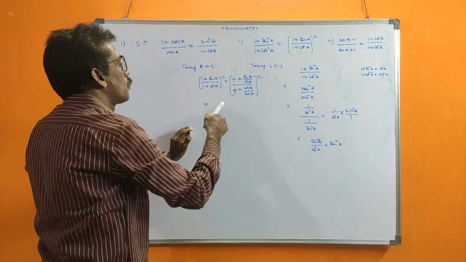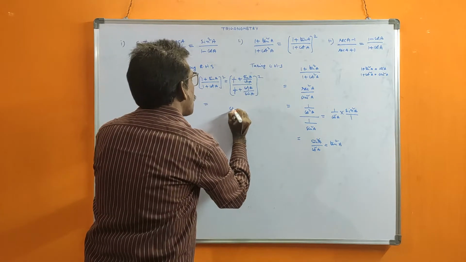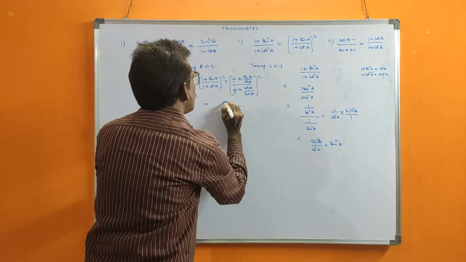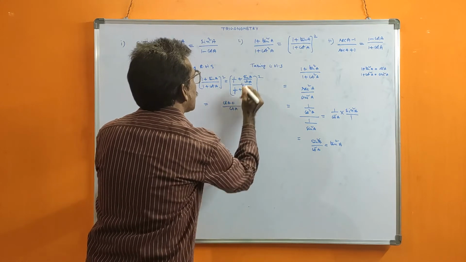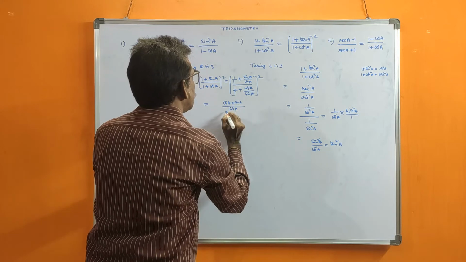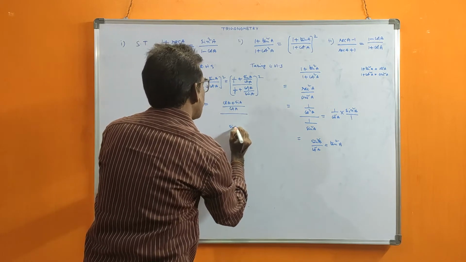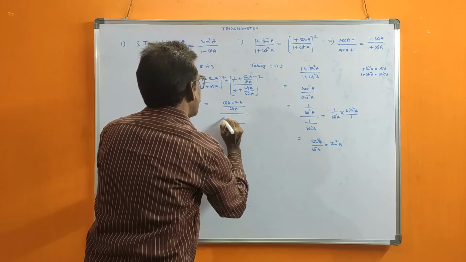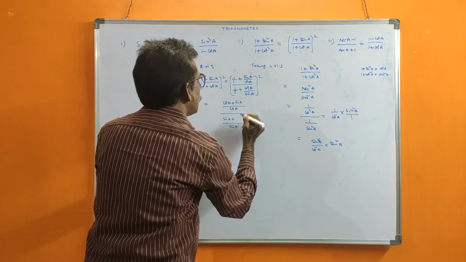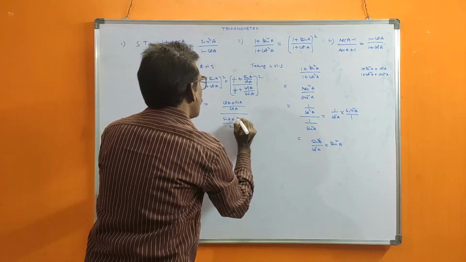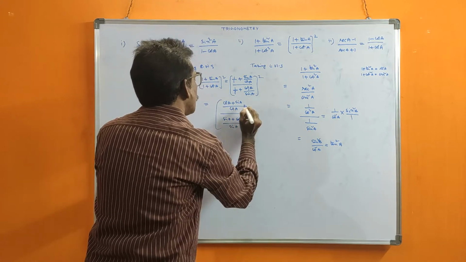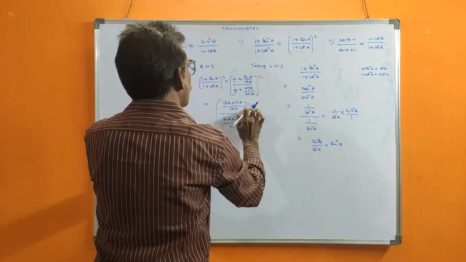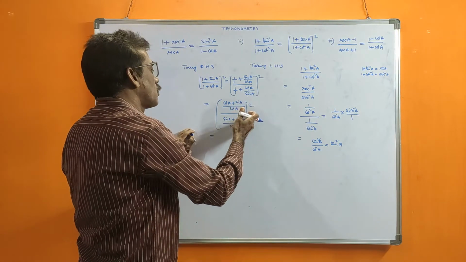Remember that. Now this is LCM. So cos A is the LCM: cos A times plus 1 time sin A. Down also you take the LCM: for this, sin A is the LCM, sin A times plus this same sin A, 1 time cos A. For the whole square, the square belongs to both numerator and denominator.